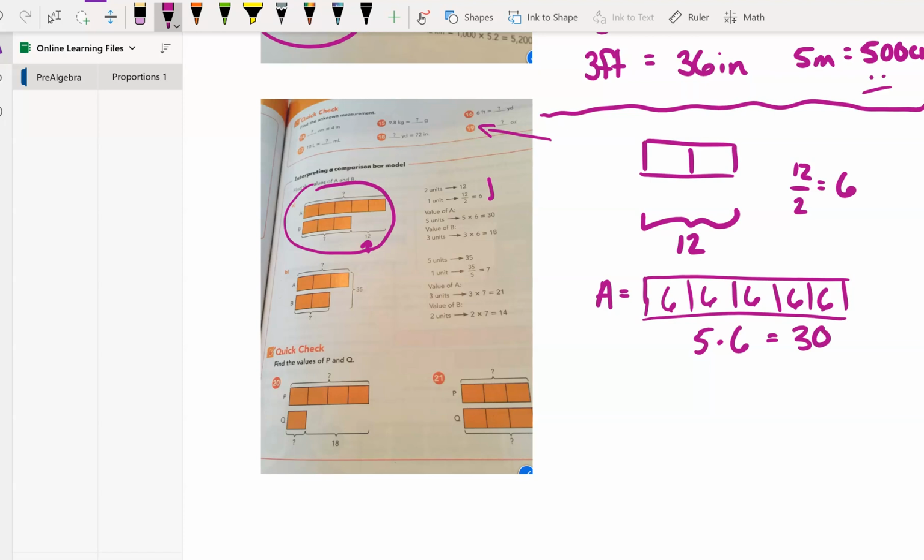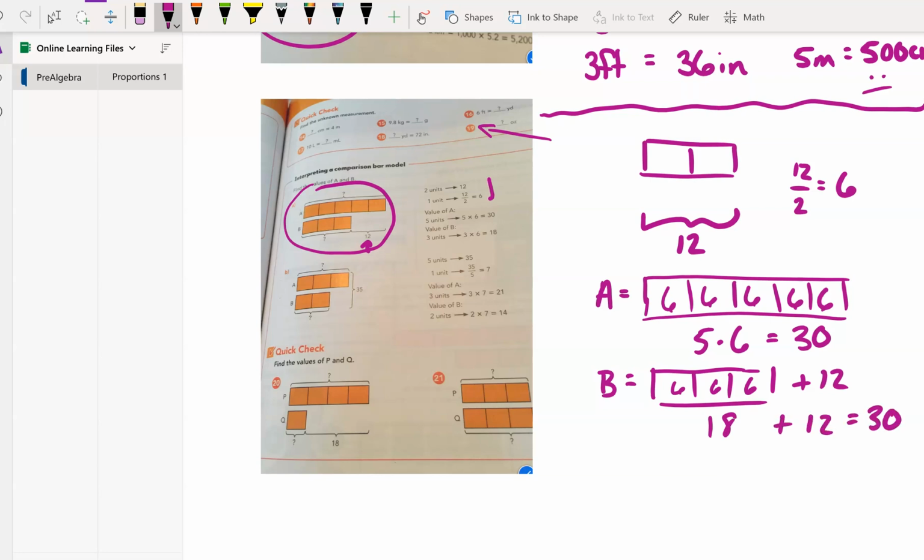Cool. And the B values, because each of your boxes is made up of 6, and there are 3 of them, plus the 12 that you had on the back side here, we got 6, 6. So you have 18 plus 12, which is also 30.